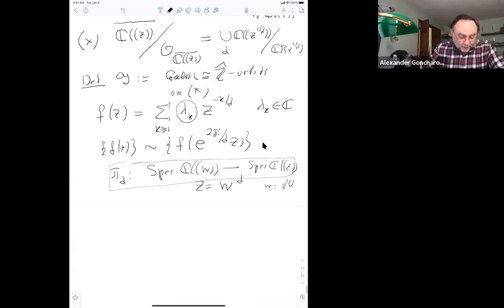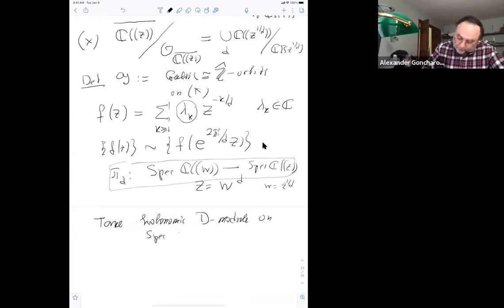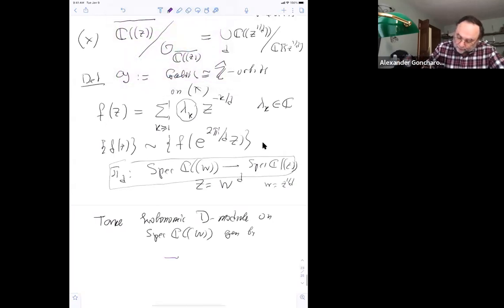And now the classification comes as follows. It's a classical theorem, from the first half of the previous century. So we take a holonomic D-module on spec C of w, generated by the exponent of this Puiseux series.